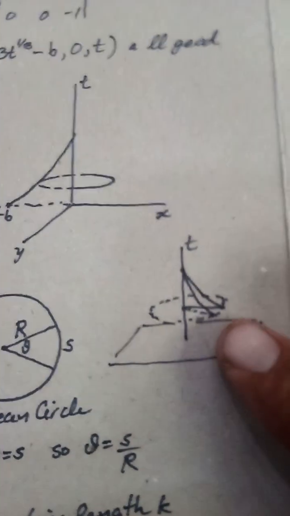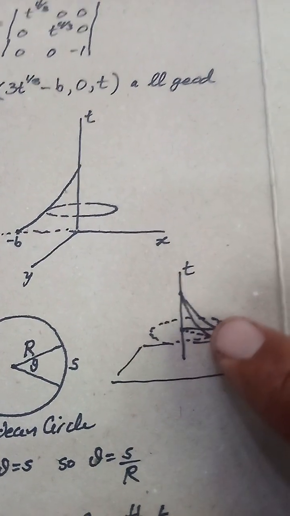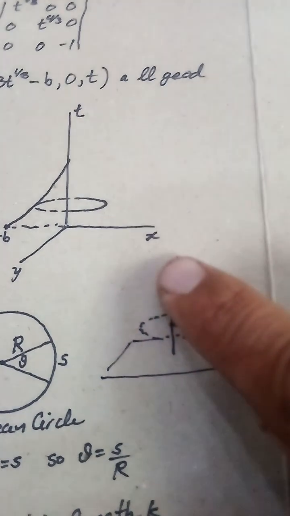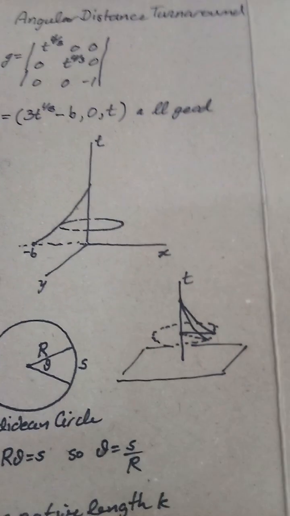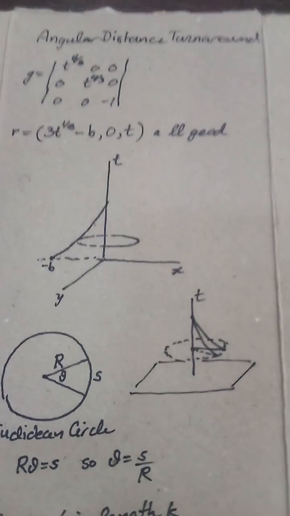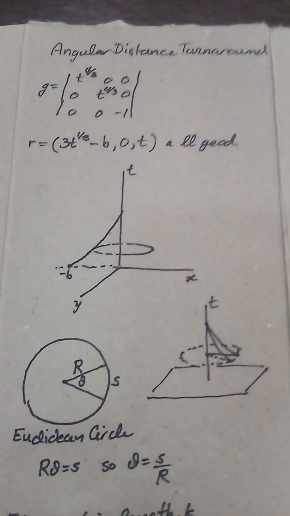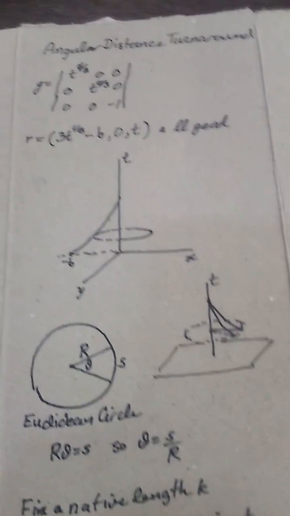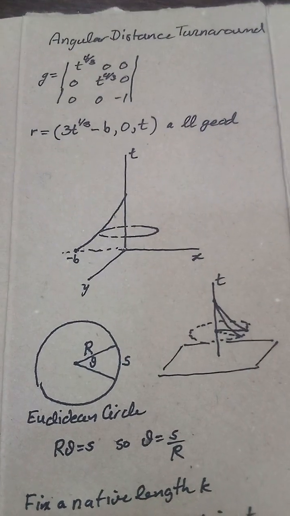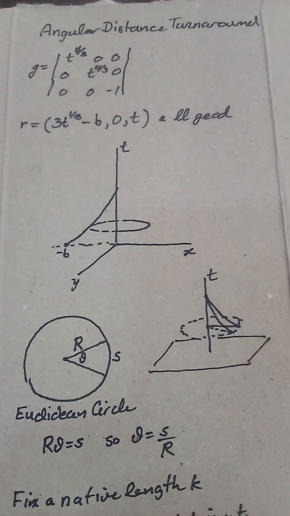It could be something like this picture down here: these two points on that circle, and two light signals that reach the observer. So we're going to look out at different times and see how the angular size of these things changes.